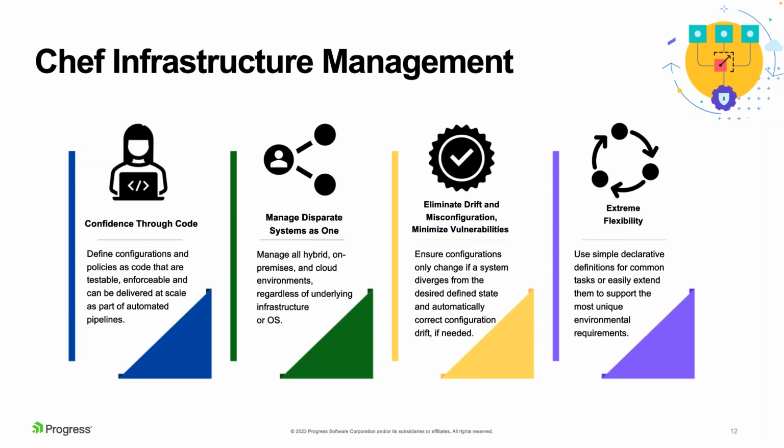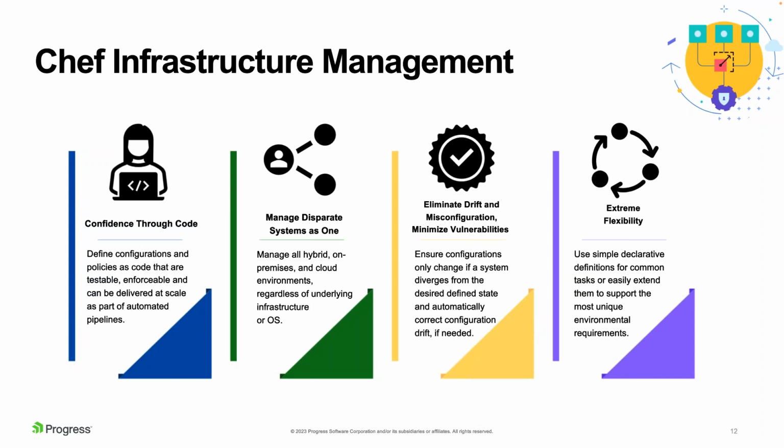That is what the first point, confidence through code, entails. Manage disparate systems as one, which brings me back to my point of Chef being platform agnostic. That is, all types of ecosystems, all types of operating systems, they're all supported, from Windows to Linux to environments like cloud, containers, physical and virtual servers, all of them.